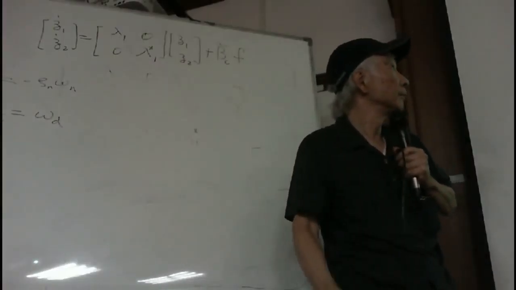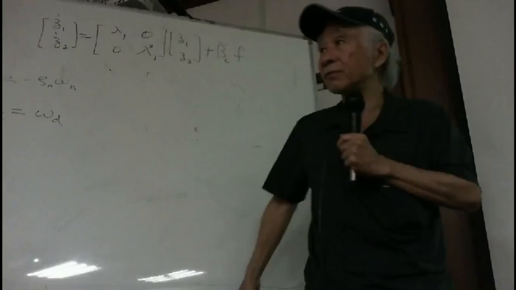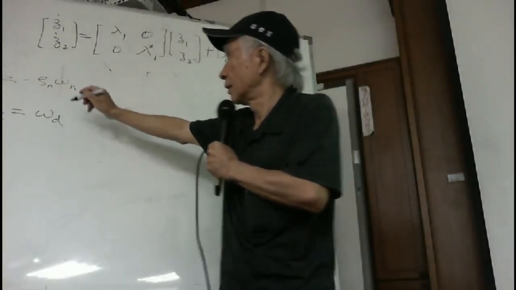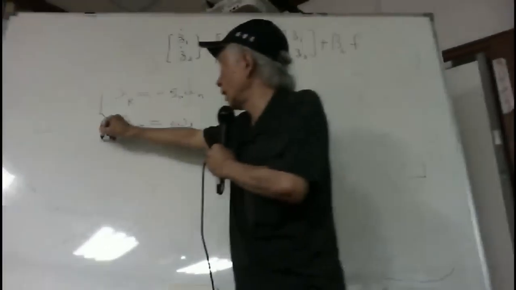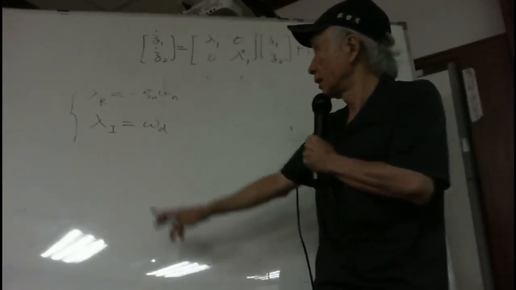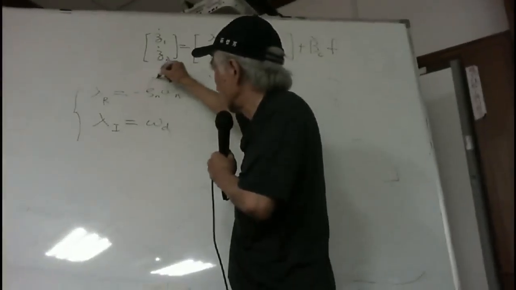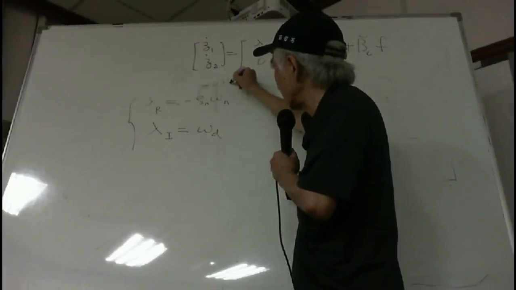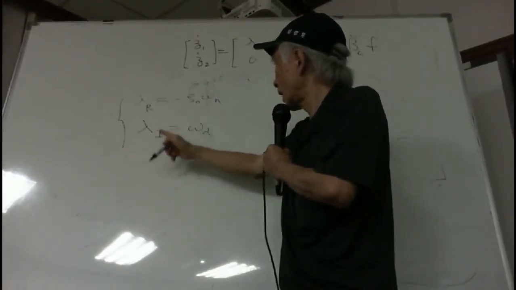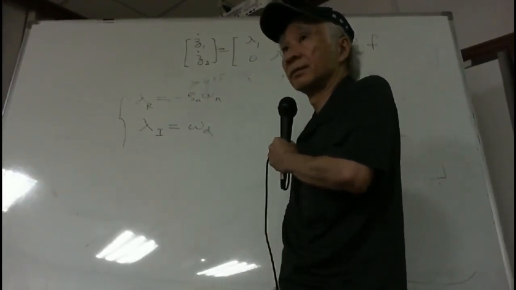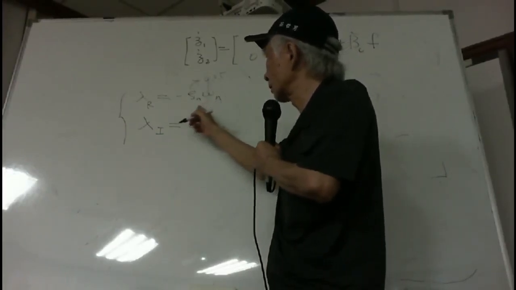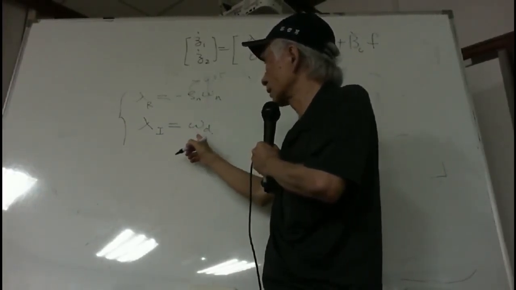Right? If you look at these formulations, this is the damping ratio. If I say this is 0.05, I know this, I know that. I will be able to solve this. I will be able to solve that.